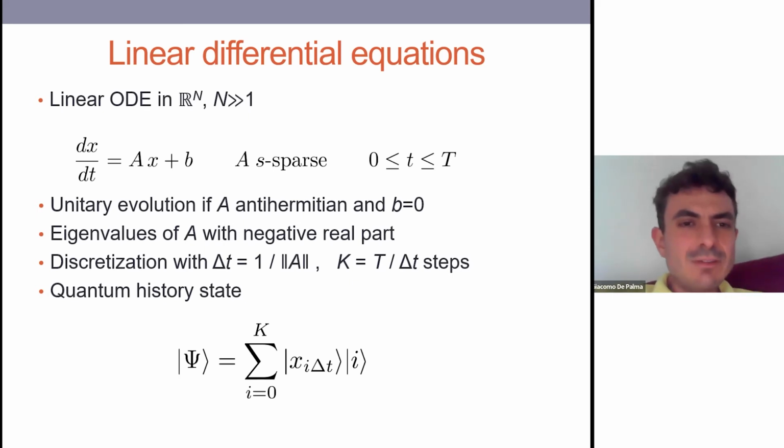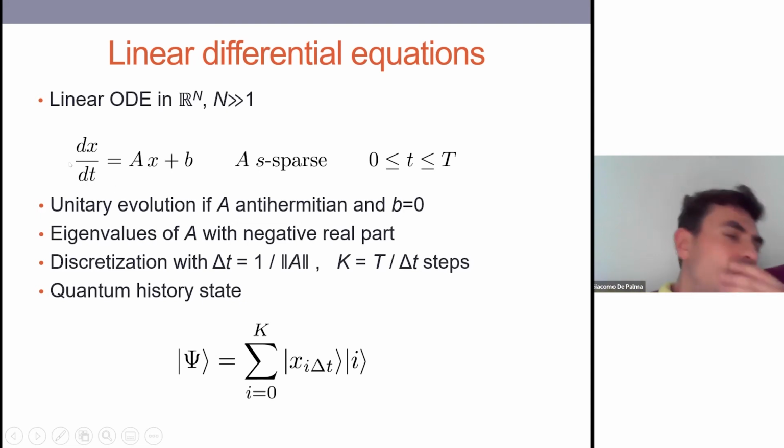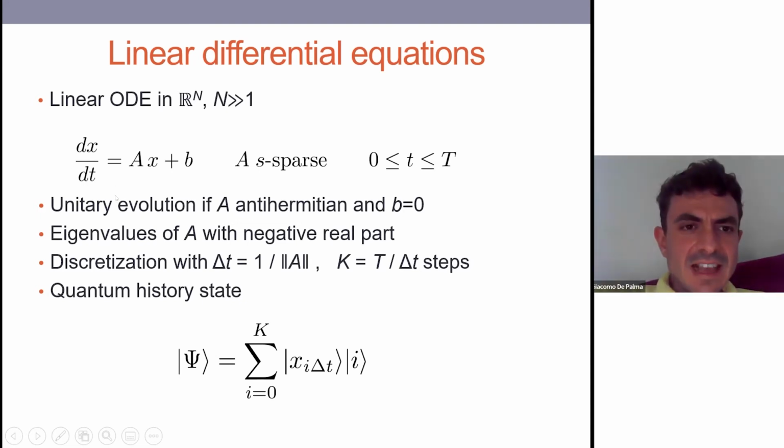This is the setup that we consider. We have a linear differential equation of this form. x of t is a vector that lives in R^n, where n is much larger than 1. The equation is x dot equals Ax plus b, where A is a sparse matrix and b is a constant vector.